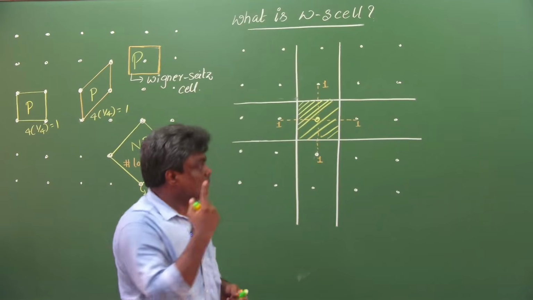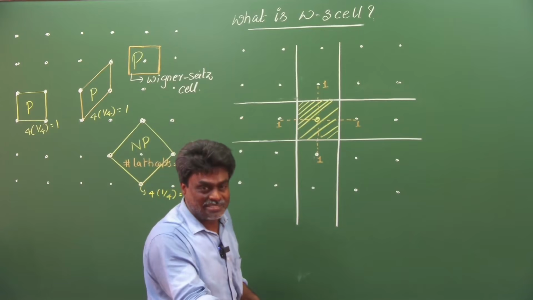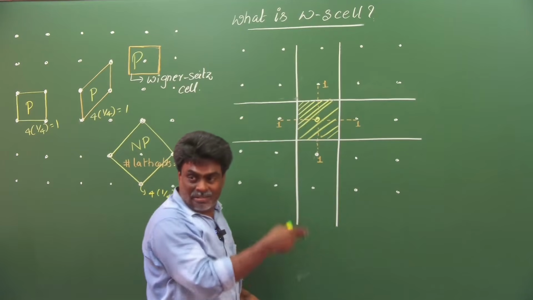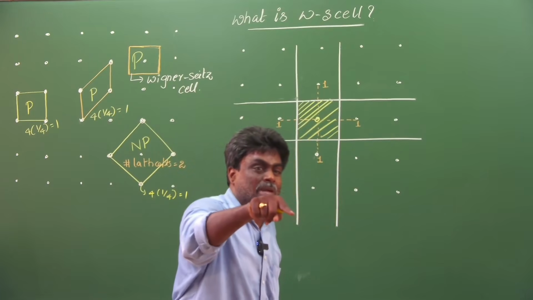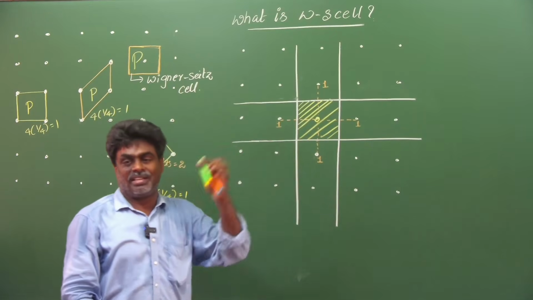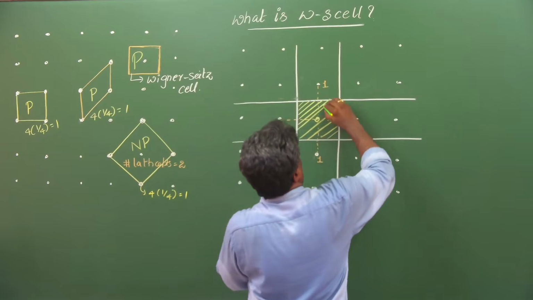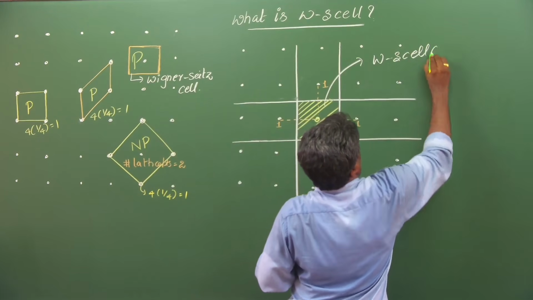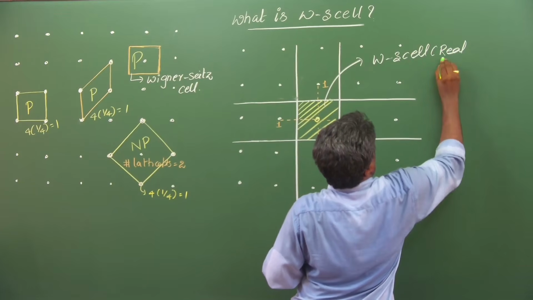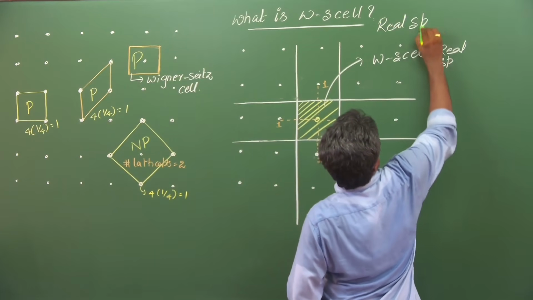How to construct it? I said closer, that's why I have to take the first nearest neighbors and just take the perpendicular bisectors. The region enclosed by those perpendicular bisectors is nothing but the Wigner-Seitz cell. Does everybody understand this? This is a Wigner-Seitz cell in real space. Which space have we taken here? Real space.